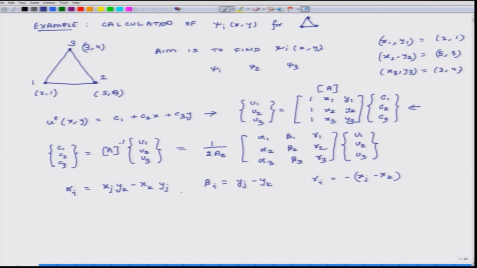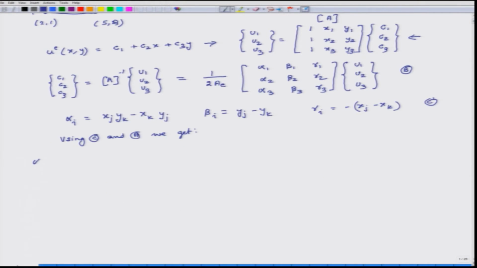Let us call this equation A, let us call this equation B, and let us call this equation C. Using C and A, we can calculate all the values of alphas, betas and gammas. That is what we are going to do now.